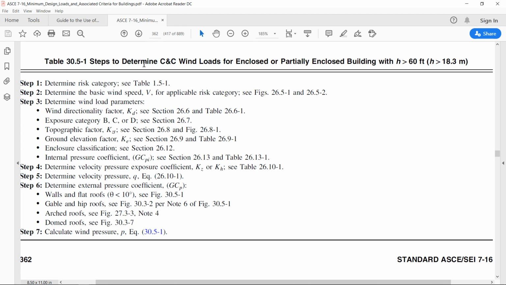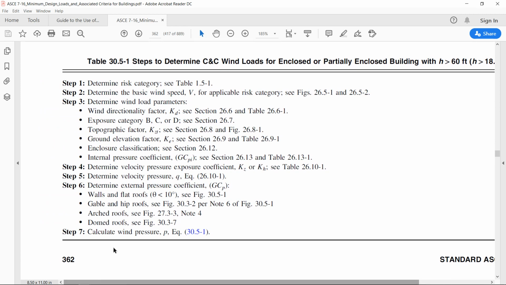So here are the steps mentioned for wind load calculation as per part 3, and of course step 1 is the establishment of the risk category, then velocity as I explained, then the parameters like Kd, exposure, Kz, Ke, enclosure, just as we read, and the GCpi values, all this.